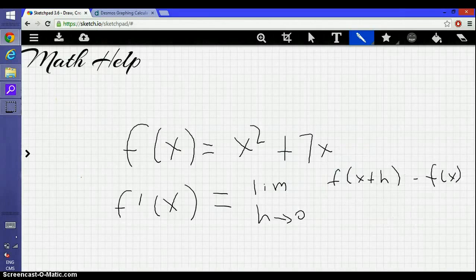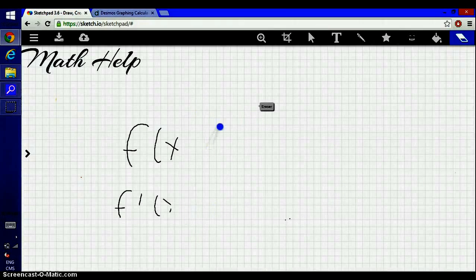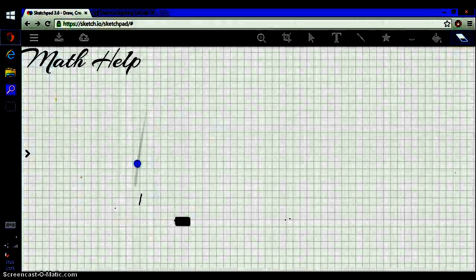So now let's do that for our next step. We'll have f of x is equal to x squared plus 7. Now we're going to be solving it using limits.